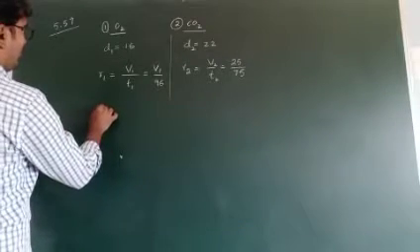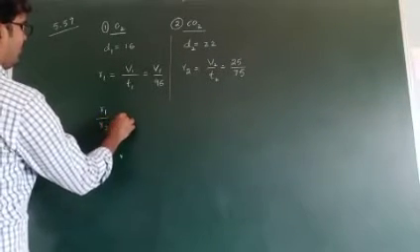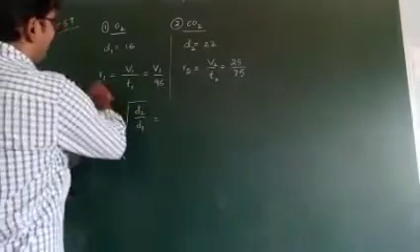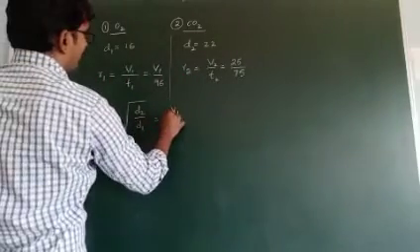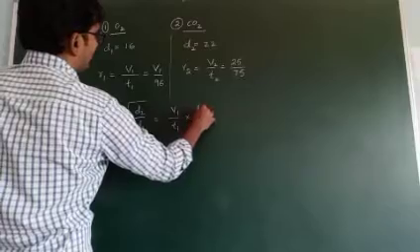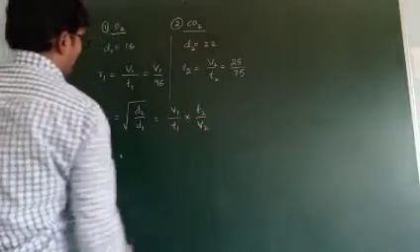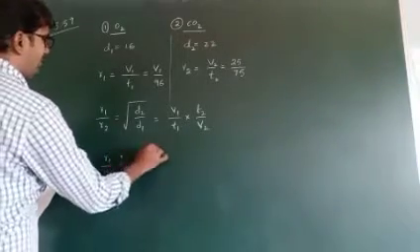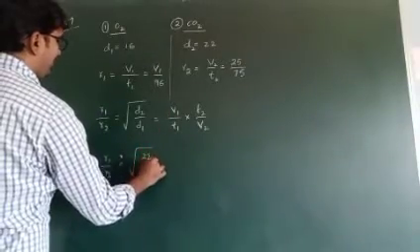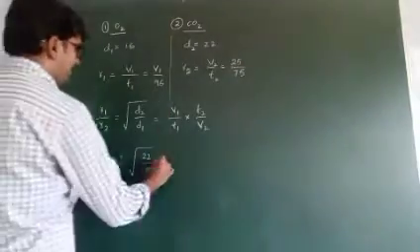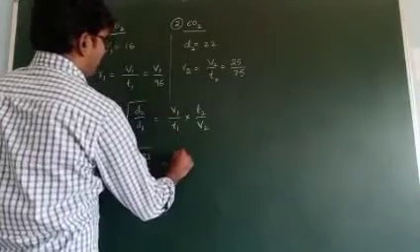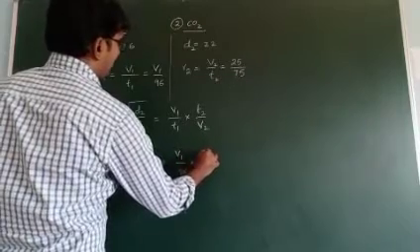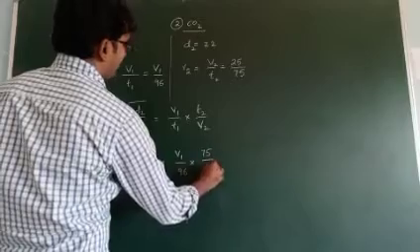We already told you R1 by R2 is equal to root over D2 by D1, which is equal to V1 by T1 into T2 by V2. So root over D2 value 22, D1 value 16, is equal to V1, which we have to calculate, by T1 value 96, into T2 value 75 by V2 value 25.